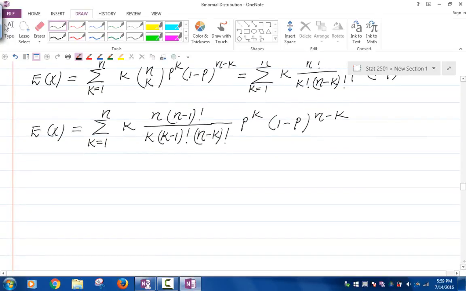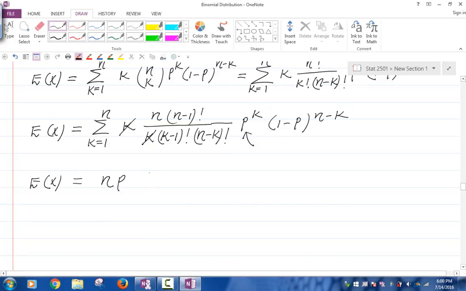Now I am going to do the following. k cancels out. I am going to factor out n from the sum, and I'm also going to factor out p.